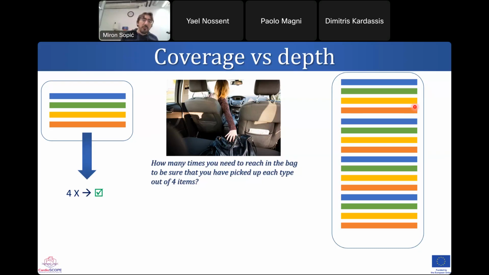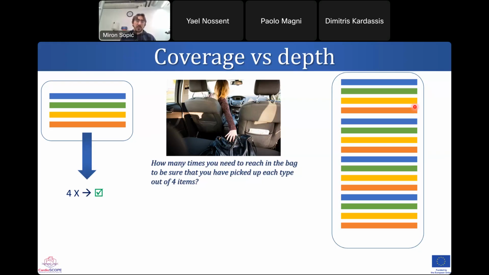And if you say 4, then you will be completely wrong, because just based on the statistics, you can do this experiment at home. It's completely safe. You just use, I don't know, Legos or something, and you try to pick something in four attempts.